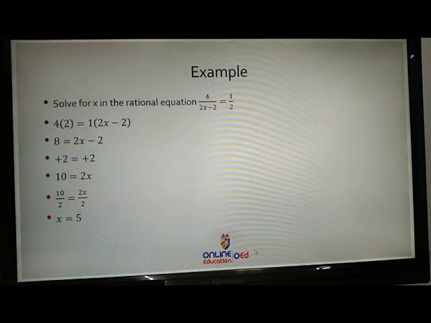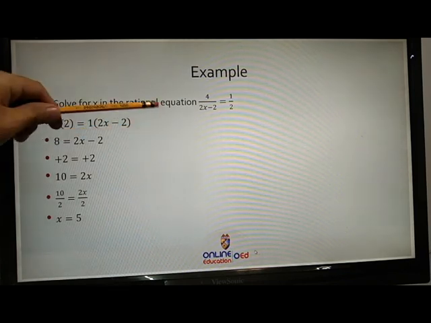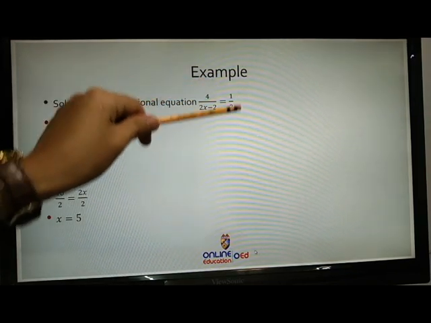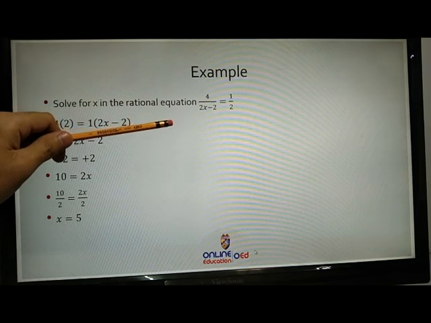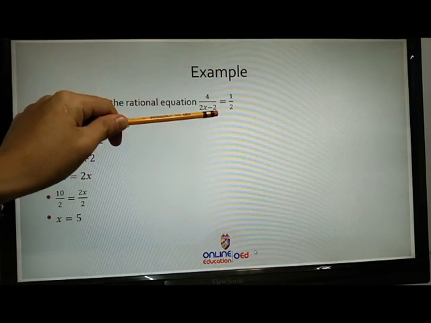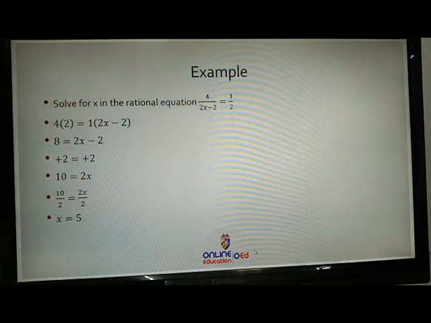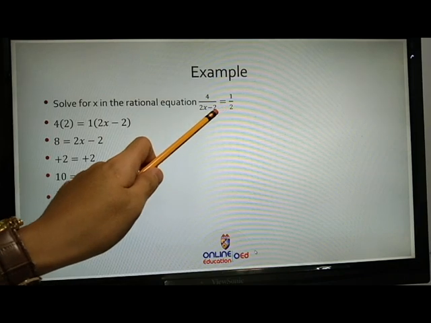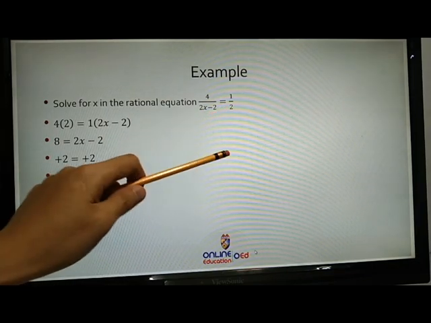Again, a rational function is any function that is represented by a fraction. So this rational equation is a rational function, and since it is represented by a fraction, we have to simplify the fraction first in order to make it easier to compute for the value of x. To eliminate the fraction on both sides, we have to cross multiply.